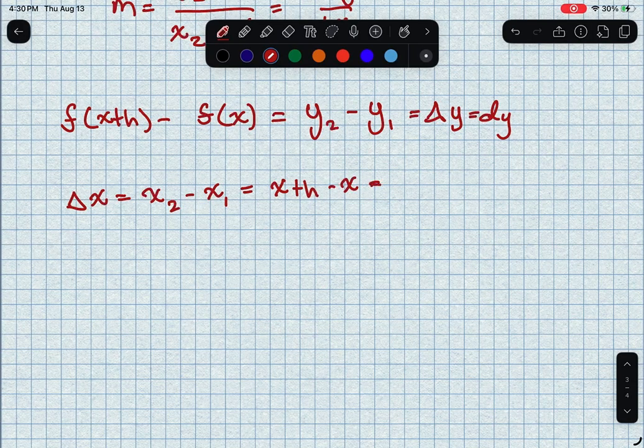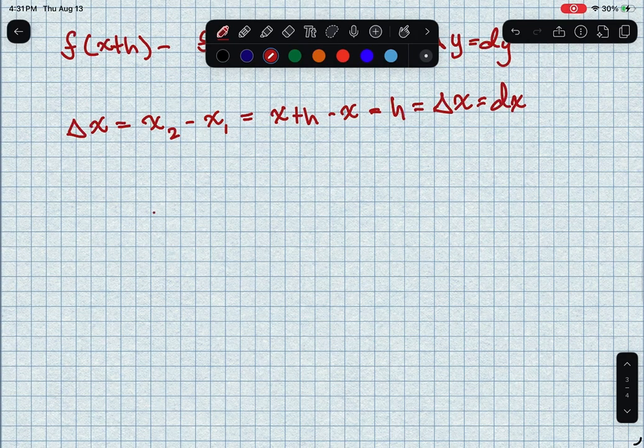So this just becomes h, which is delta x, equals dx in this case. And as h goes to 0, again, delta x, just like delta y, becomes infinitely small, or in other words, dx.